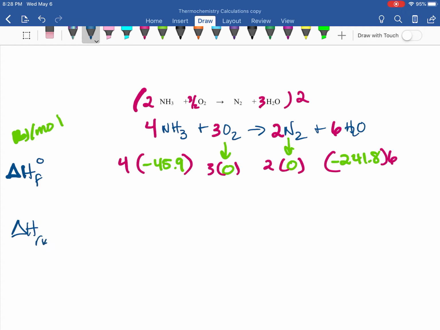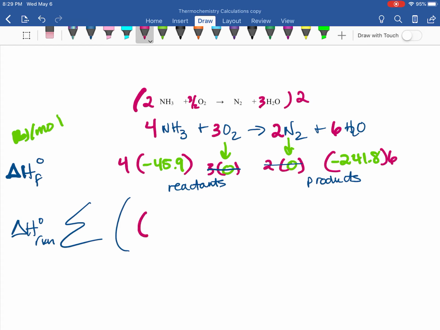Now let's do one massive summation. And let's do our products minus our reactants. Again, we're just comparing the energy on both sides. So let's take our products, and I'll probably drop the zeros this time.